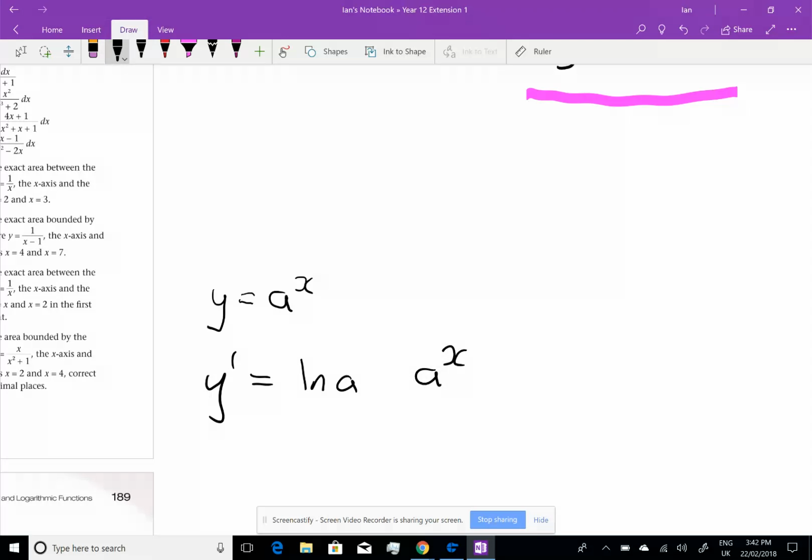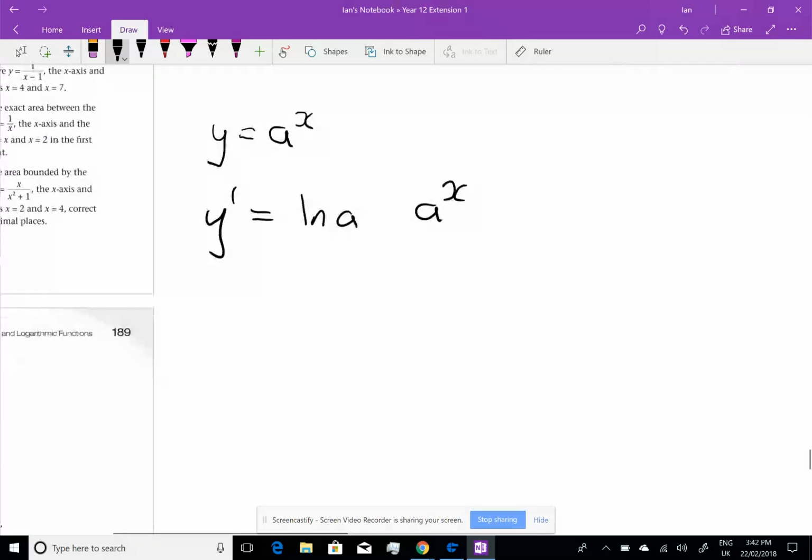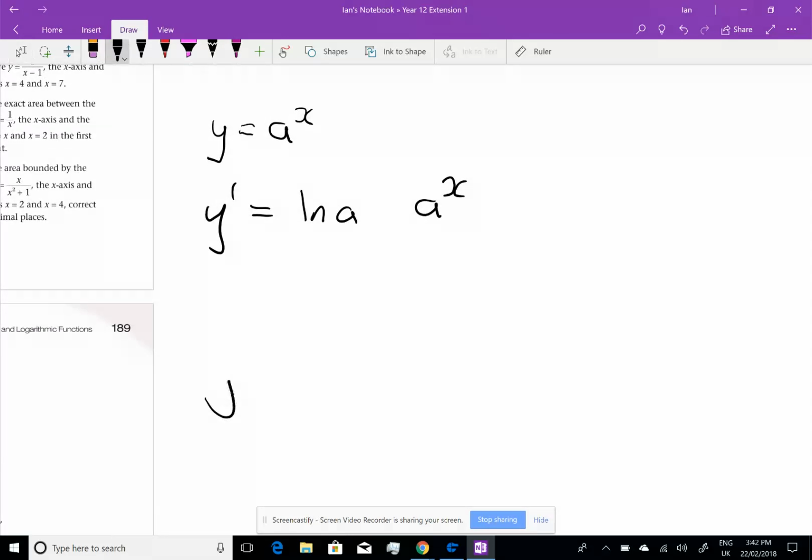Now that's important because what I'm going to do now is have a look at integrating a to the x. Remember that integrating is just the reverse of differentiating.